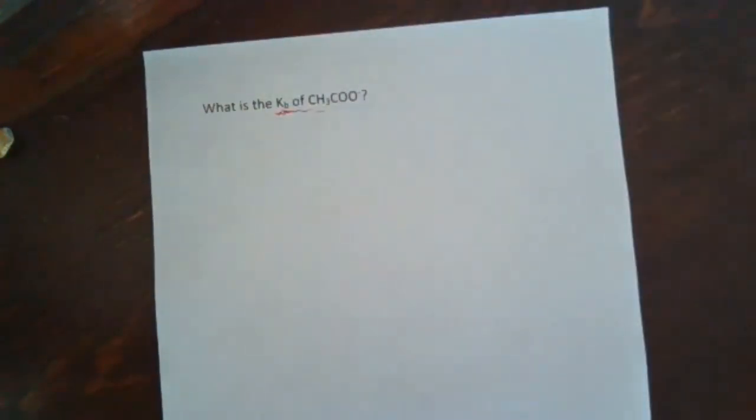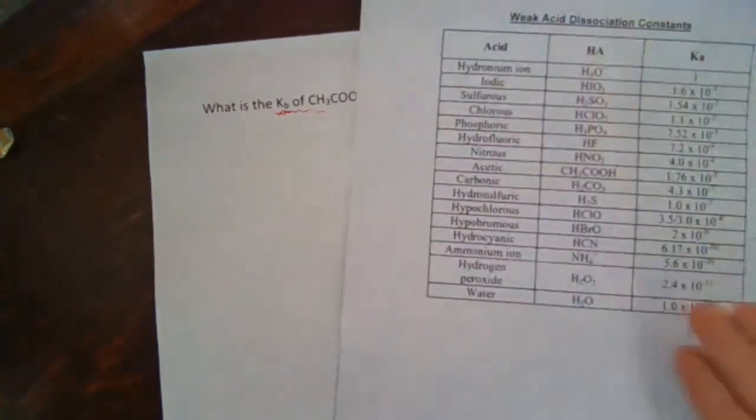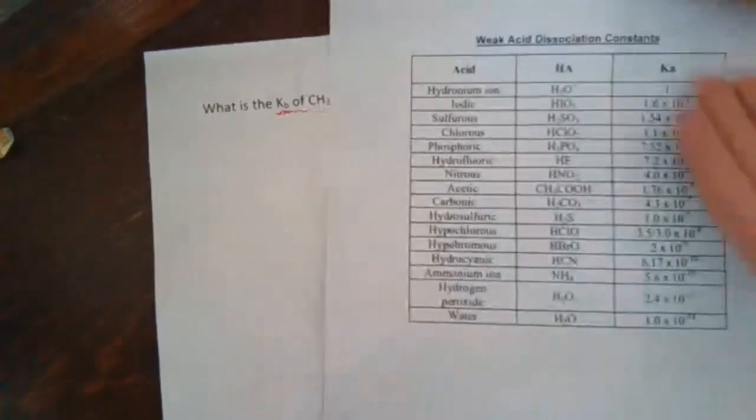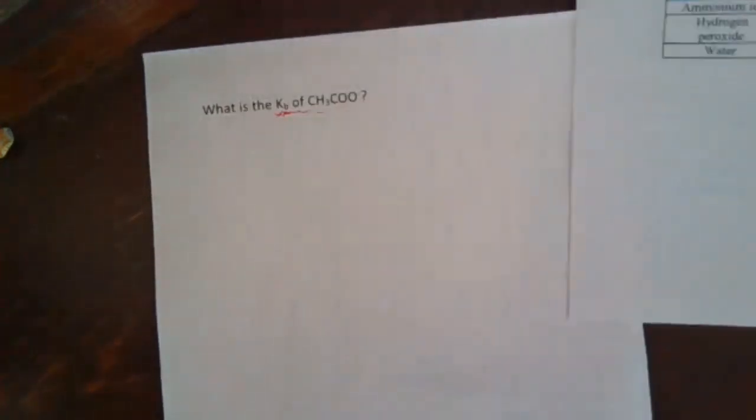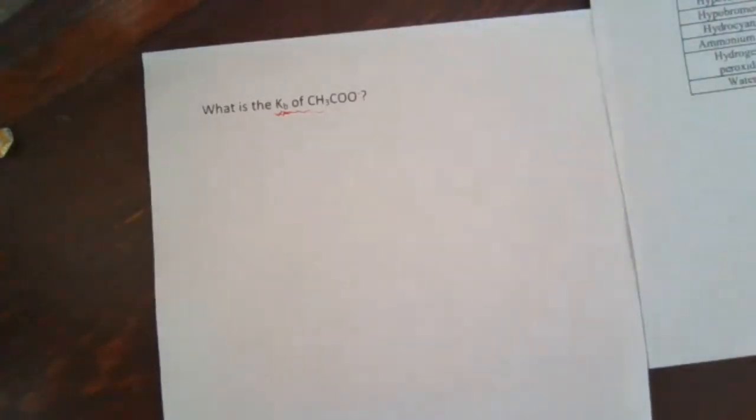We want to know how this thing behaves as a base. When we've looked at Kas, we can use our table to look up the values for Ka. For Kb, there's generally not tables of Kb, there are tables of Ka values. But we can use the Ka values to determine the Kb values.